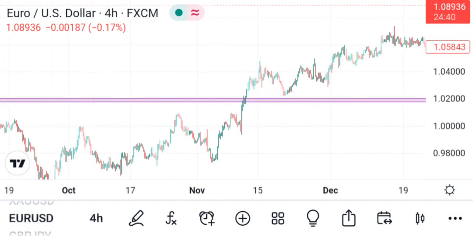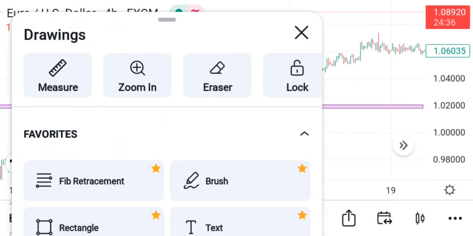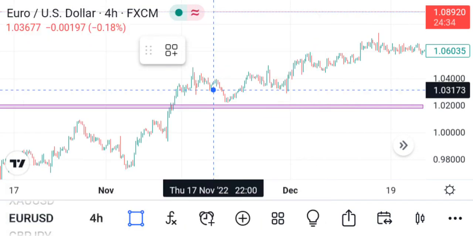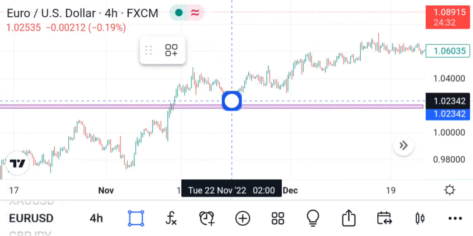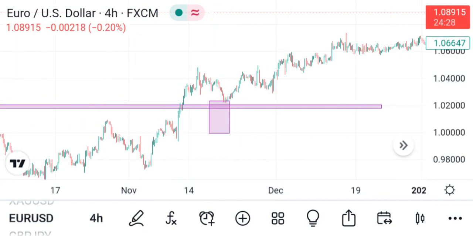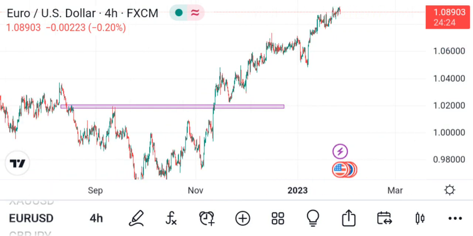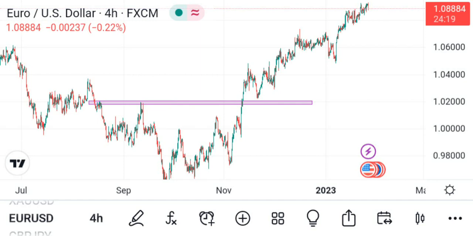So if we want to get an entry, our entry is going to be here. You're going to be getting entry here to take the market to the upside. Because why? This actually showed us that there was a breakout.